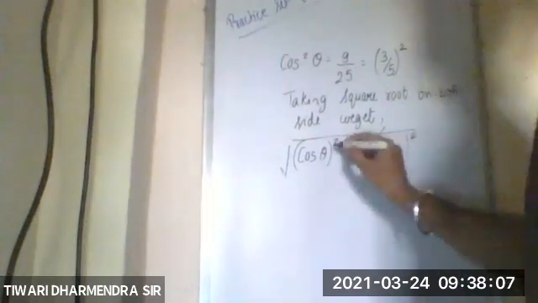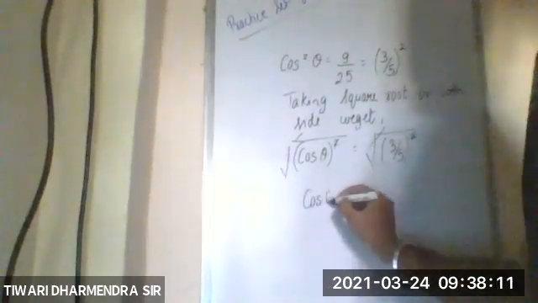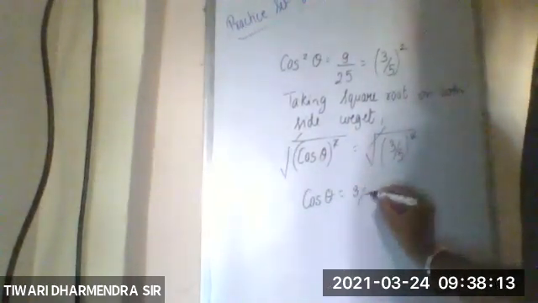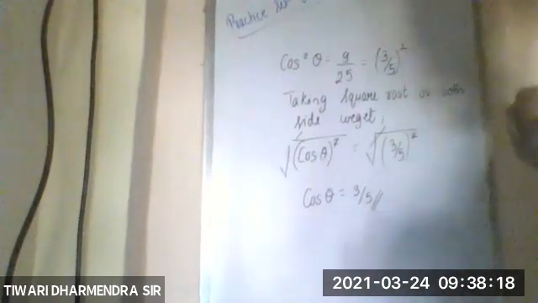Square and square root get cancelled. So I got the value of cos theta as 3 by 5.